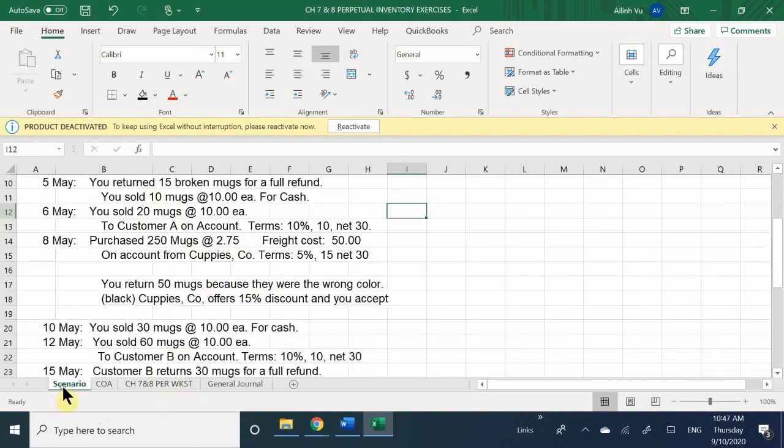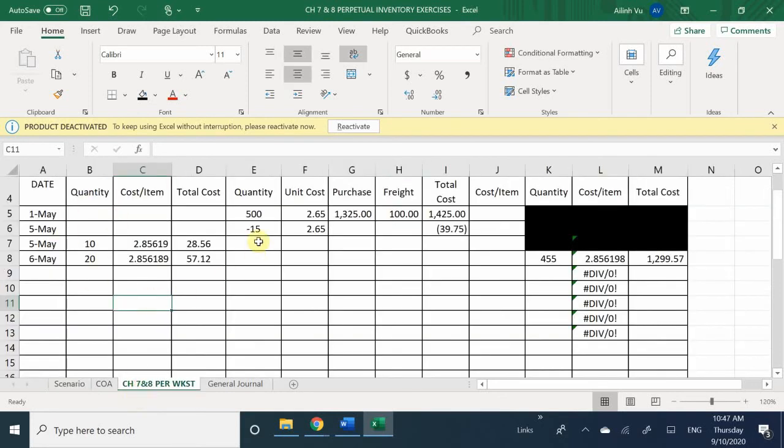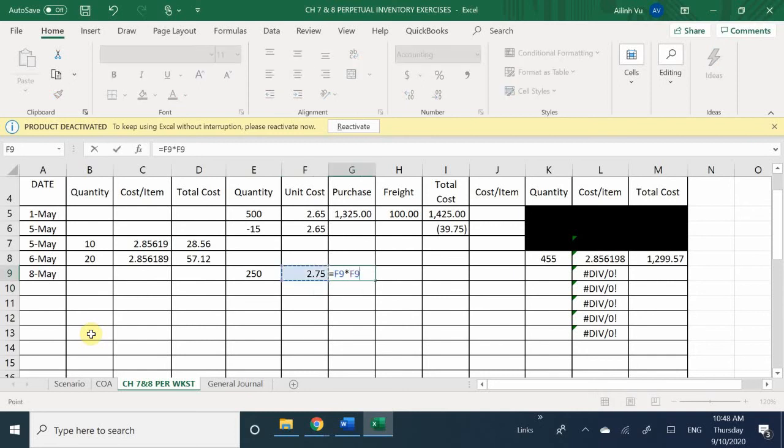Now let's go back and review that information. So we purchased 250 mugs at 2.75. Freight is 50. So on May 8th, 250 at 2.75, that's 687.50, plus freight.